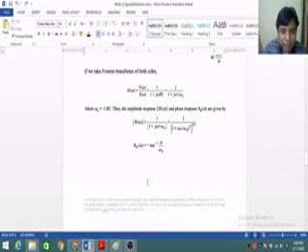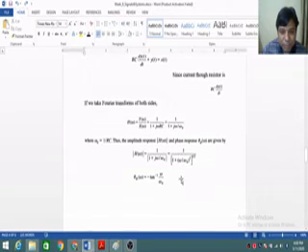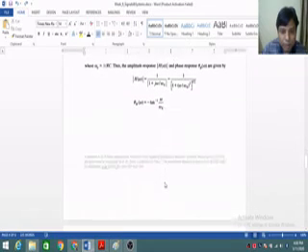Then if we take the Fourier transformation of both sides, we will get this, and then taking the ratio of Y(omega) to X(omega), we will get this, where 1 by RC is put as omega naught. If we take the mod of it, we will get this function, and this will be the phase function.